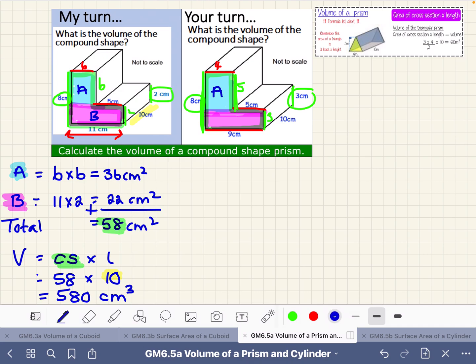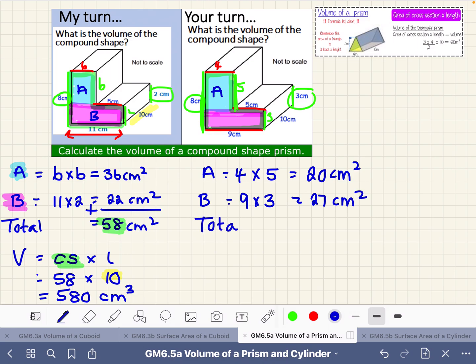That means to work out the area of A, I would say 4 multiplied by 5 gives me 20 centimetres squared. To work out the area of B, I would say 9 multiplied by 3 gives me 27 centimetres squared.